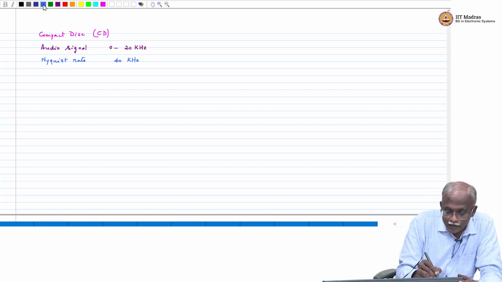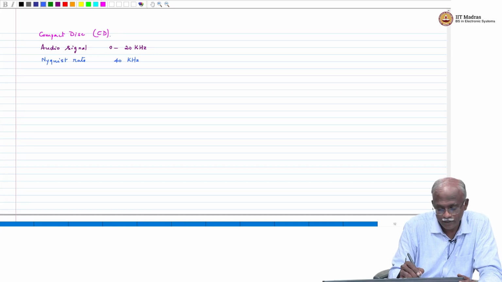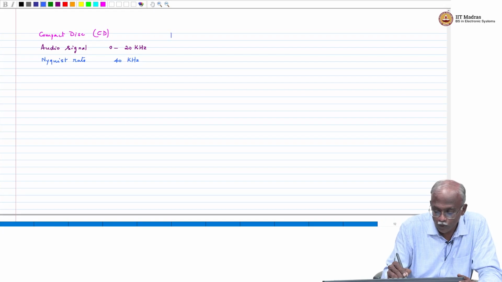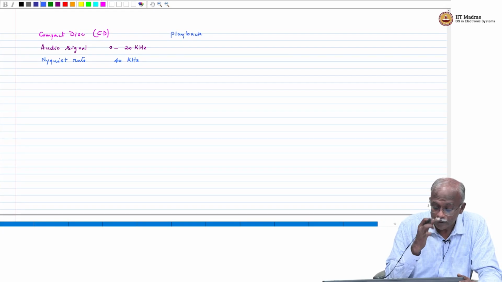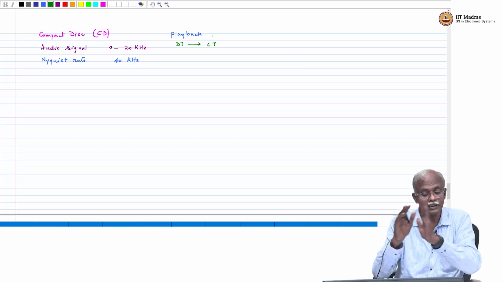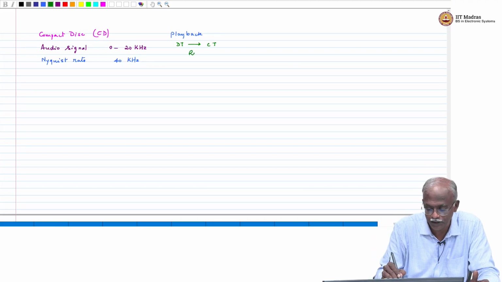So in a CD player, during playback, you have to convert from discrete time to continuous time. This is the process of reconstruction.